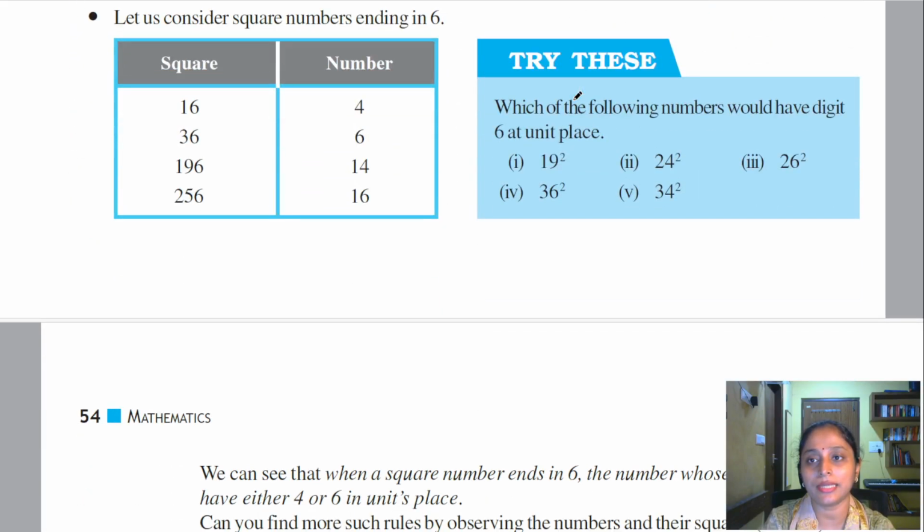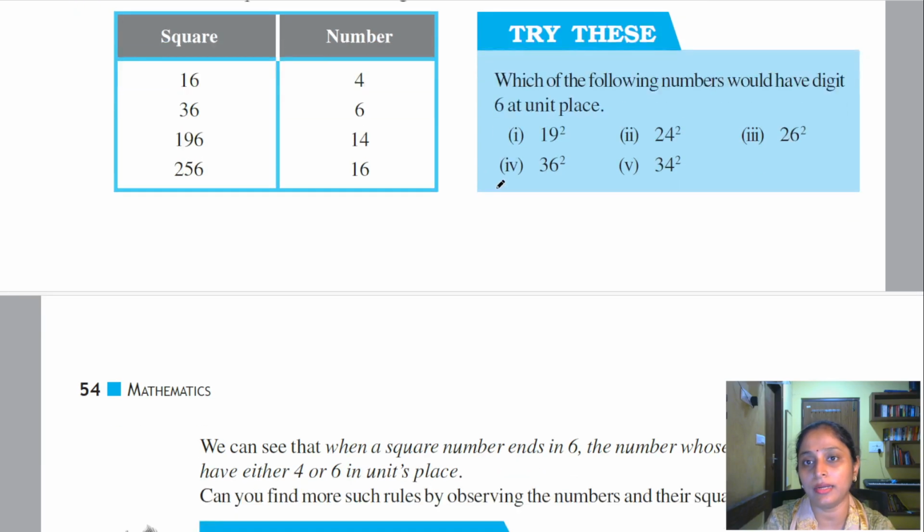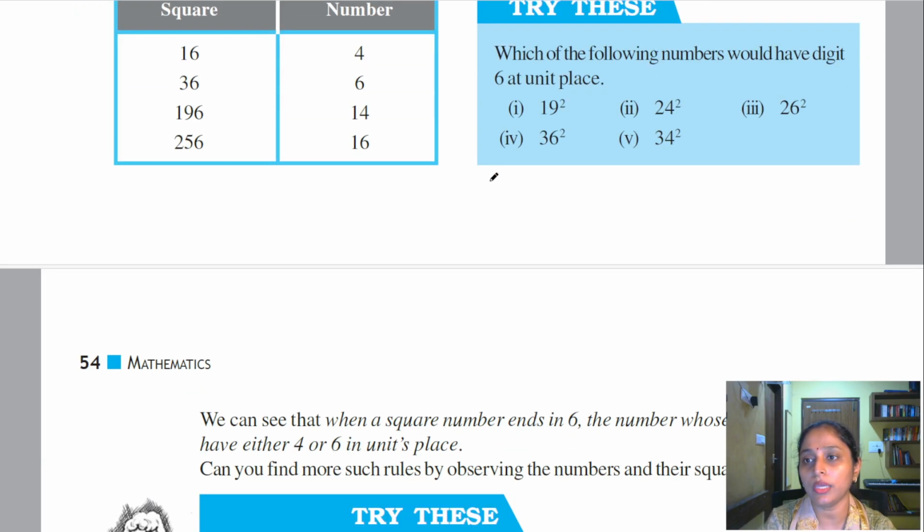So next, try this question. This we have already done. If the number ends with so and so, what will be the number in the ones place for the square of that number? That we have already done in detail. Which of the following numbers would have digit 6 at the units place?